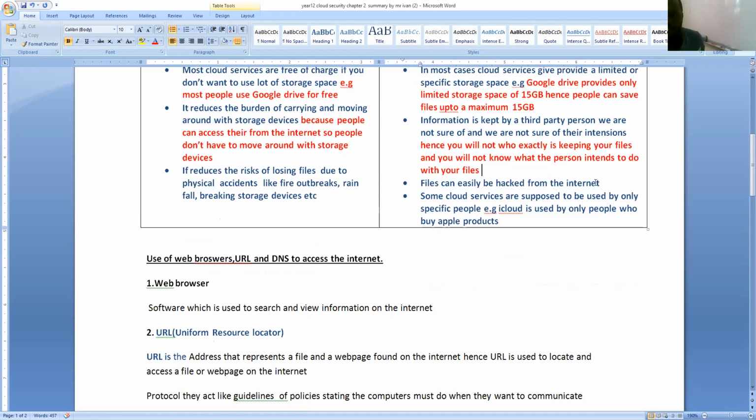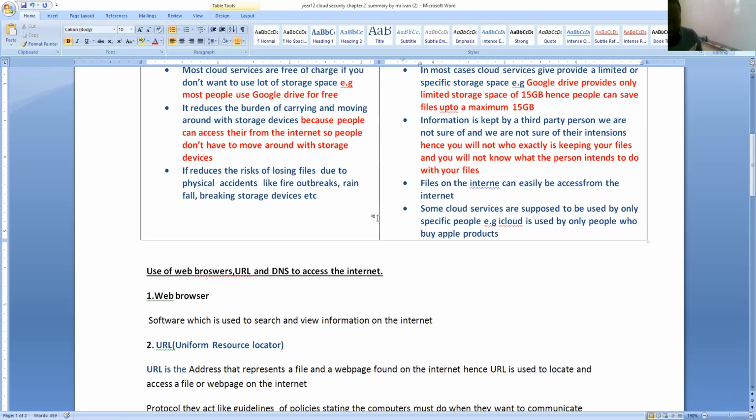Files can easily be hacked into, or can easily be accessed by hackers. Files on the internet can easily be accessed by hackers.